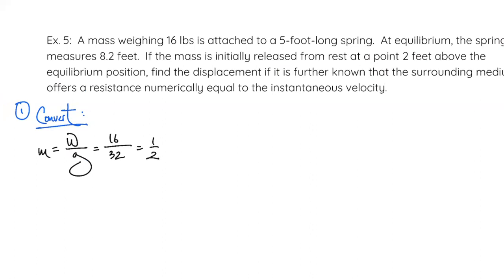I'll get a half a slug for the mass. Okay. Now, if you're asked to convert units, a lot of times they are nice fractions like 1/2, 2/3, 3/4. They won't be like outrageous situations. So one good clue is if you're dividing and you get a really weird number, maybe you divided by the wrong number. Okay.